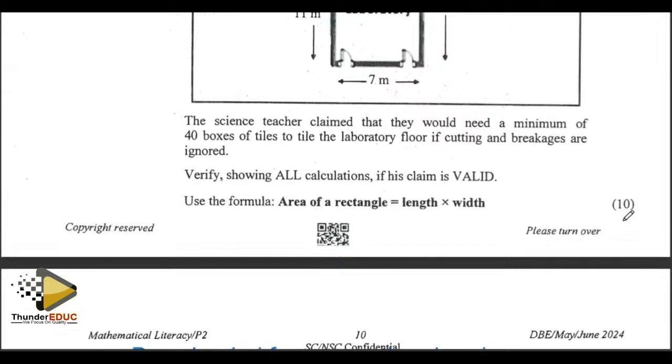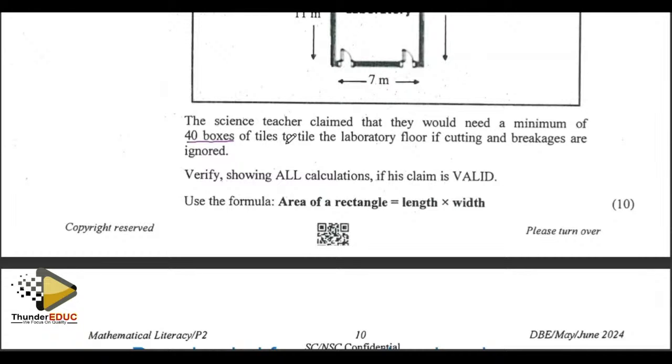The science teacher claimed that they would need a minimum of 40 boxes of tiles. Science teacher claims that they will need a minimum of 40 boxes, simply meaning the starting number of boxes to be bought is supposed to be what? 40. Maximum, we don't know, but it's 40. Okay. That means we can need more than 40. That's what the person simply means.